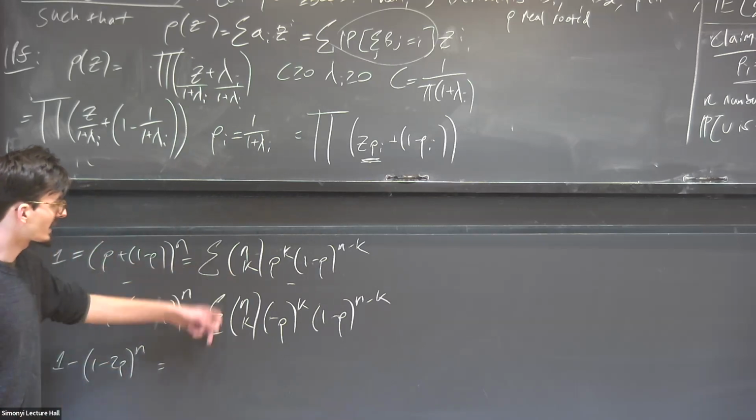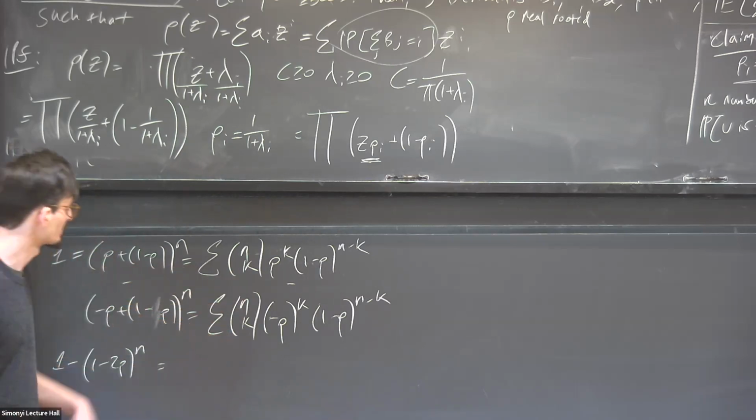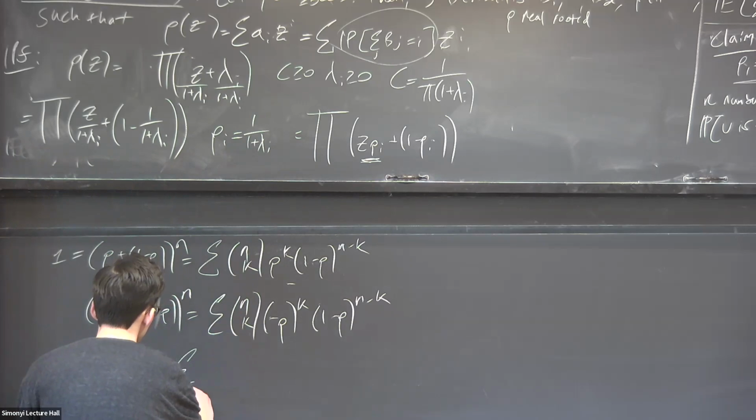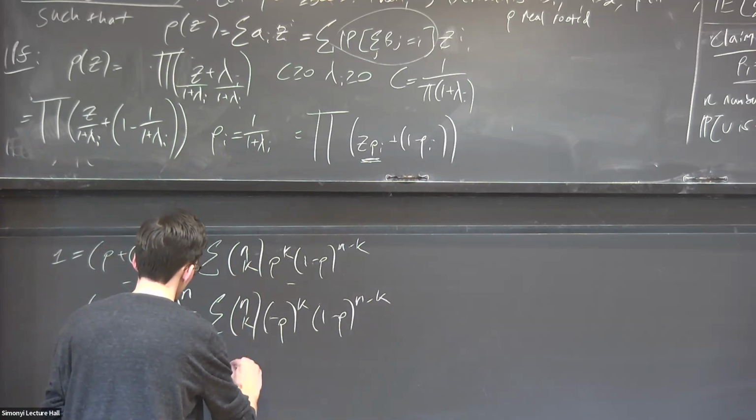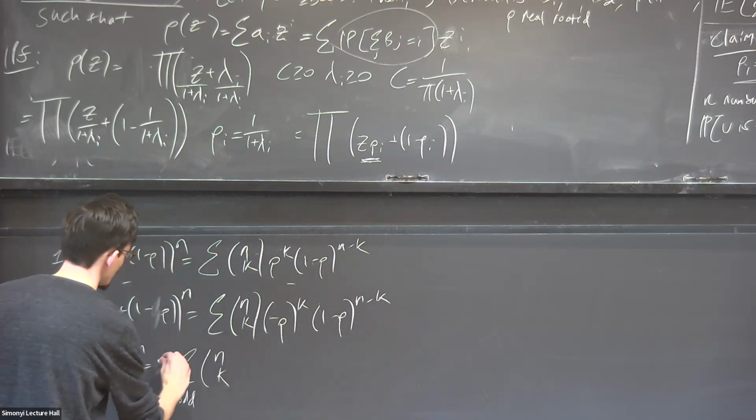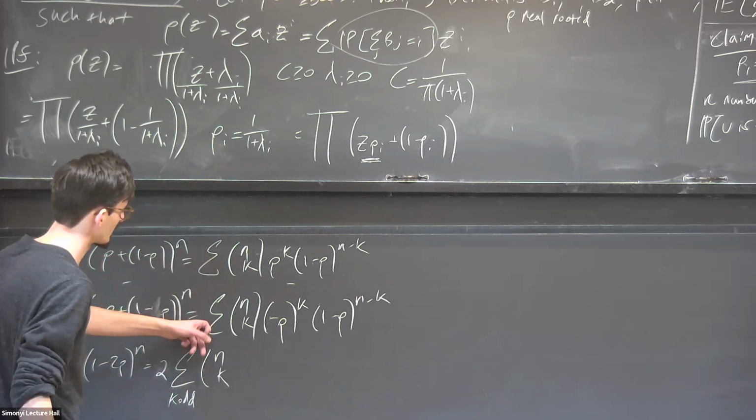Now the terms where k is even are going to cancel. So I'm just going to get the sum over the odd terms, and I get them twice, right? Because I appear once here and once here.